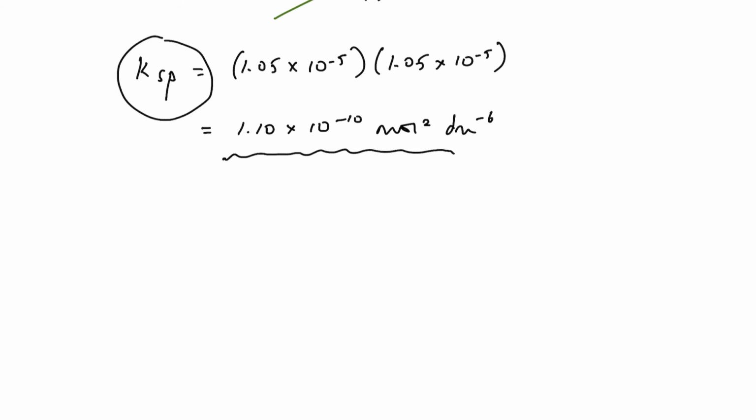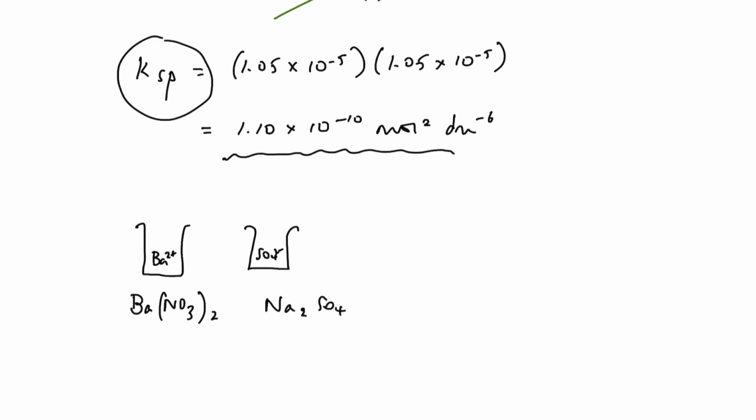Well, if I mixed two solutions, one containing barium ions and one containing sulfate ions. So for example, it might be barium nitrate in solution, and let's go with sodium sulfate. Those are both soluble salts.